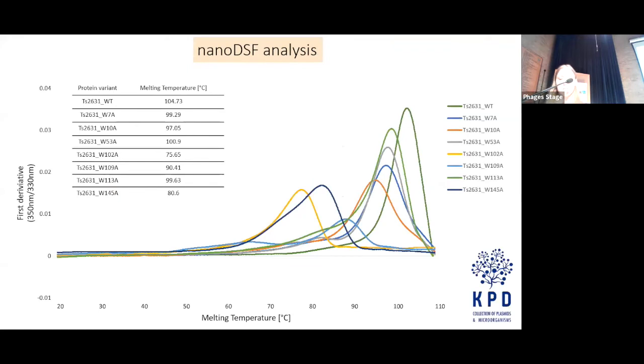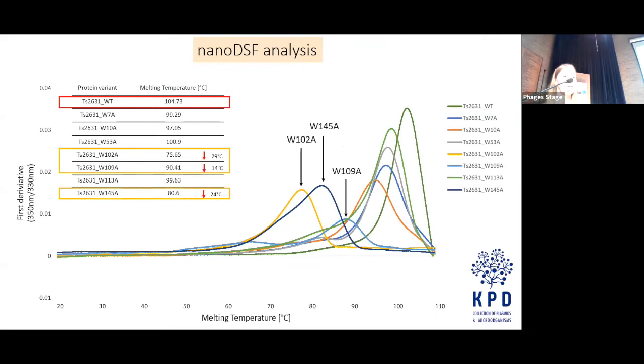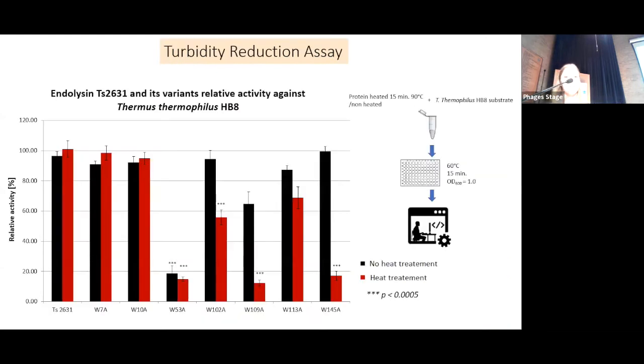Okay, here we have the tryptophan variants, and among 7, 3 of them have a significantly lower melting temperature. It was tryptophan at positions 102, 109, and 145. We also did the turbidity reduction assay in the same conditions, and we also saw that tryptophan at positions 102, 109, and 145 had significantly lower relative activity than the wild type enzyme after heat treatment.